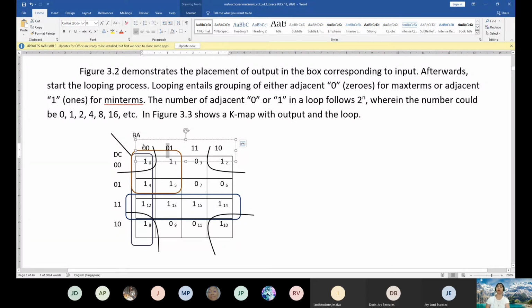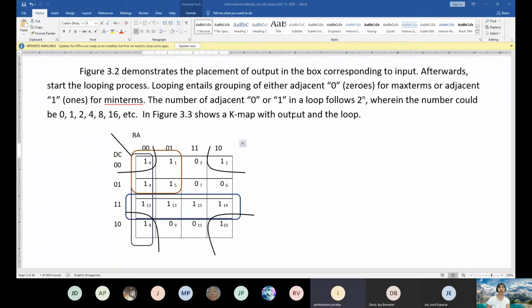So how are we going to write that? If B is 0 for min term, just like D is 0 gives D prime, so for B is 0 we will write B prime.